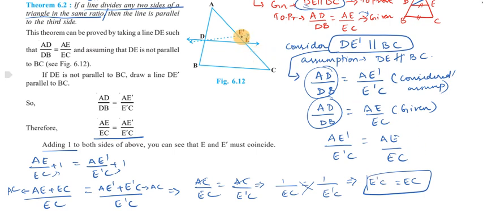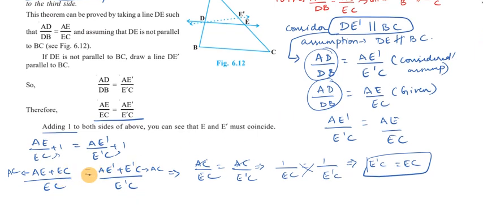Now coming back to the diagram, if E dash C and EC are equal, then it means that both are going to overlap. E dash and E are going to be the same. So I can say my E dash is equal to E. So with this we can say that DE dash is equal to DE.